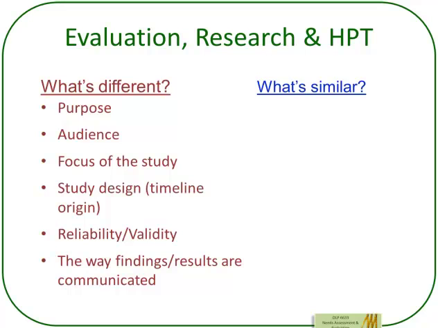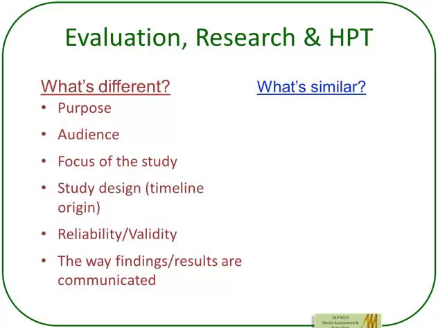The next one's reliability and validity. With research, we care very deeply about the reliability and the validity of our data. We care very deeply about sample size and that kind of thing. With evaluation and HPT, we still care about reliability and validity, but not to the degree that we care in research.